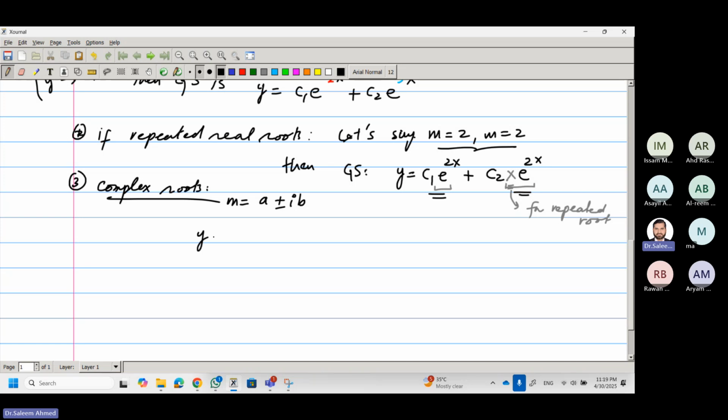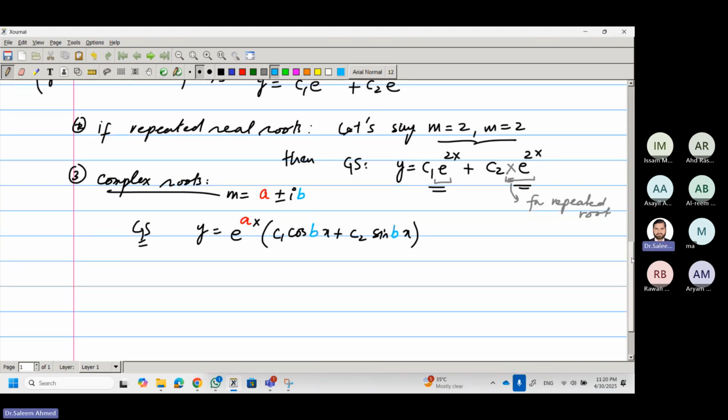Then you write your general solution with a in the exponential, and the iota goes to c1 cos bx plus c2 sine bx. We don't write any iota in the solution. So b goes to sine and cosine, a goes to the power.